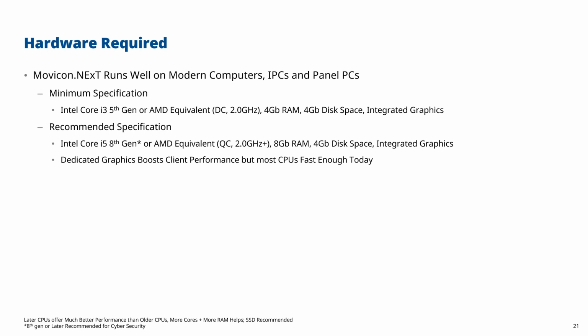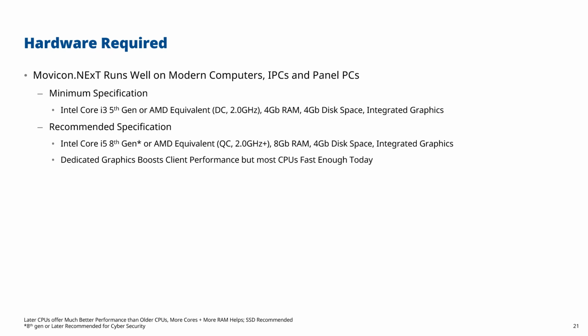These days, the recommended solution would be an 8th gen CPU. The 8th gen CPU is recommended partly because of the better performance, but also because of cybersecurity. 7th gen and older have known cybersecurity issues. By using 8th gen, the CPU core design is improved so that you know the performance and the cybersecurity are better.